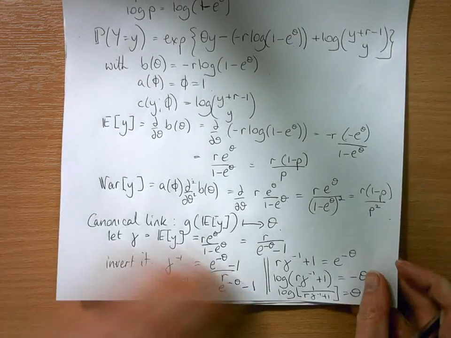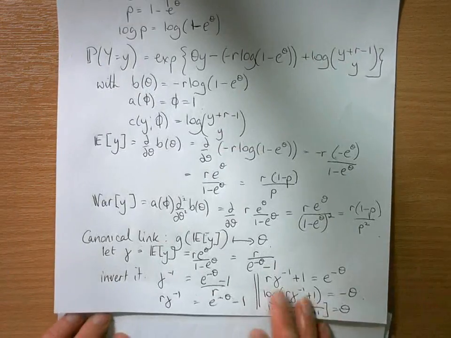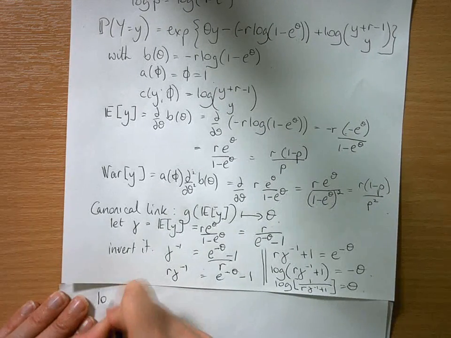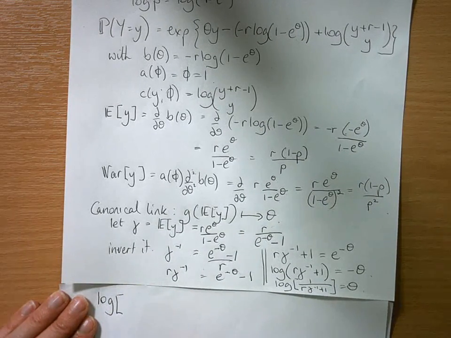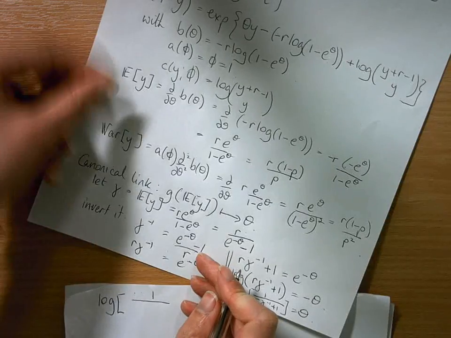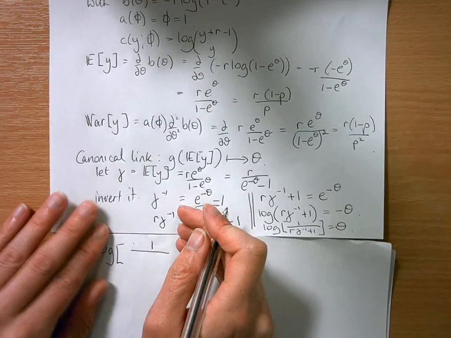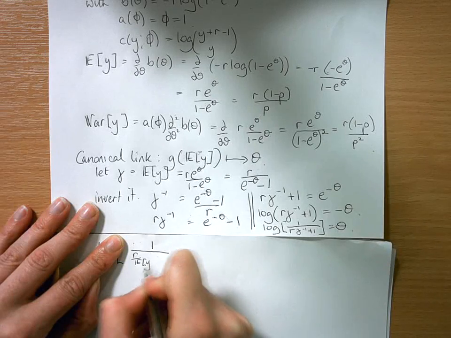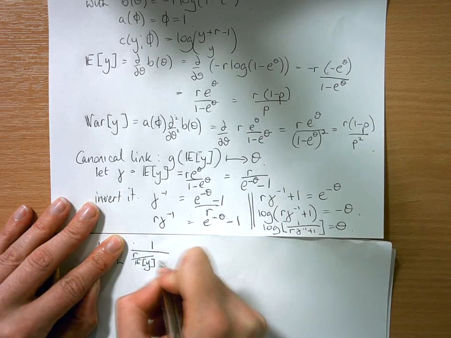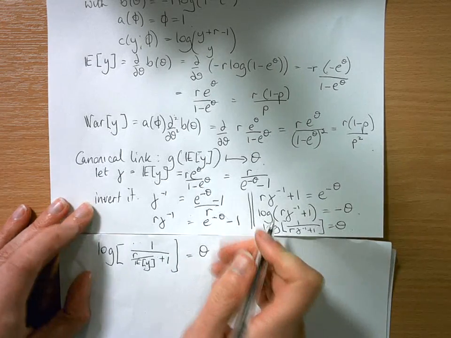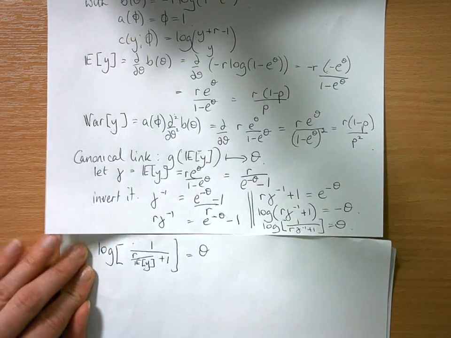So that's your function. Given that gamma is your expected value, we can do some minor simplification of this. We have log of 1 divided by (r over E of y, plus 1) is equal to theta. So now let's put this denominator on the bottom term.